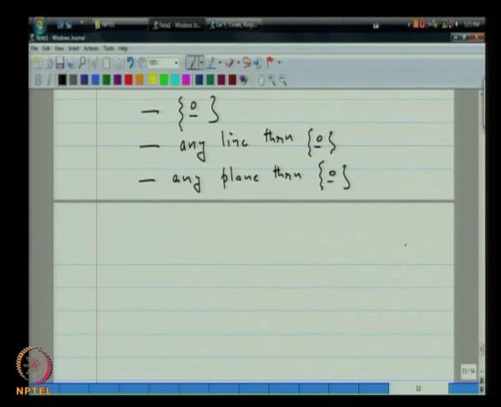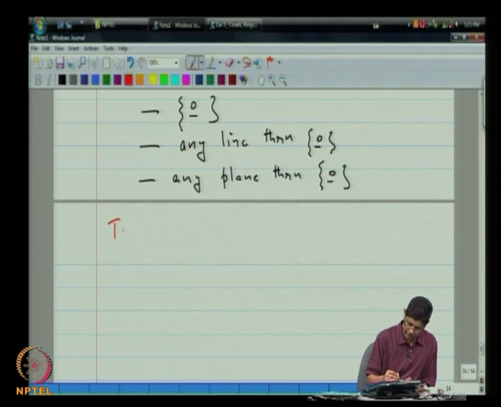The next topic is, how do you test for the presence of a subspace?